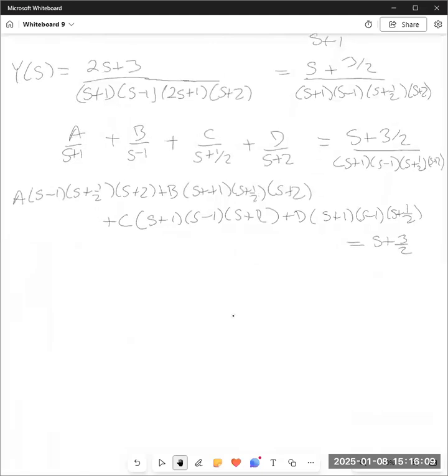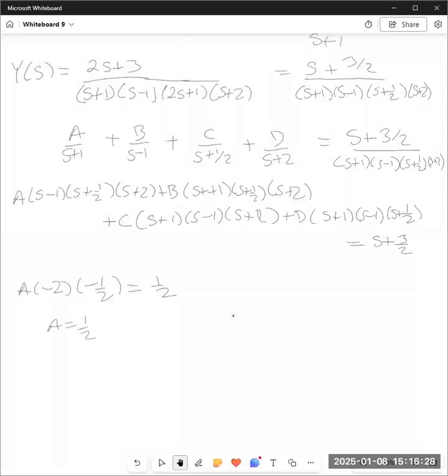And so I'm going to let s be equal to -1, and that gives me A times -2 times -1/2 is equal to 1/2. So A is equal to 1/2.